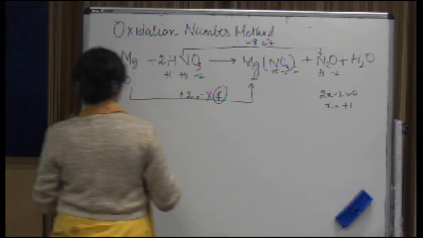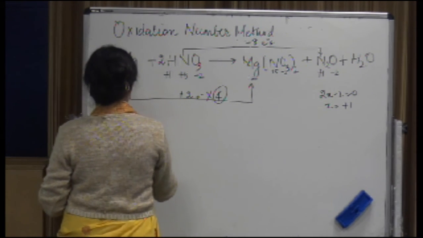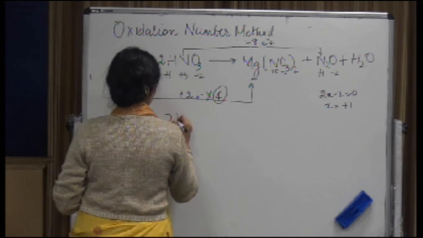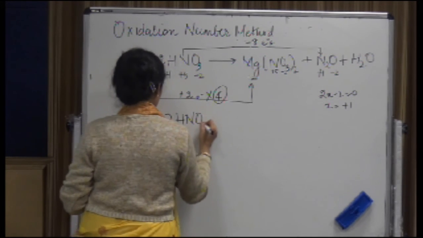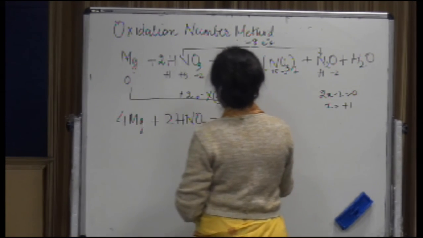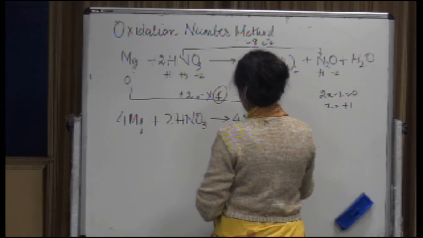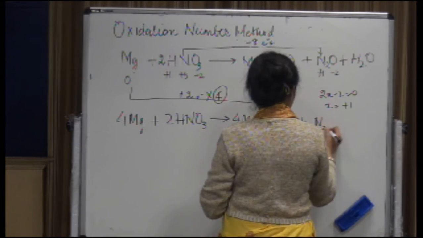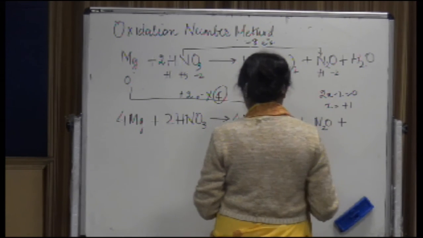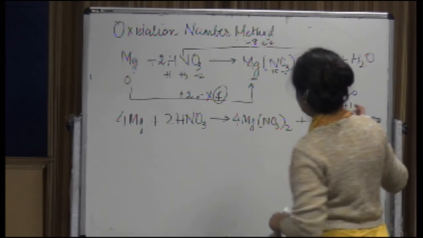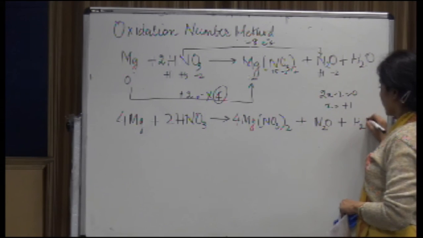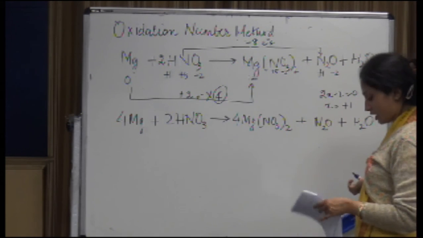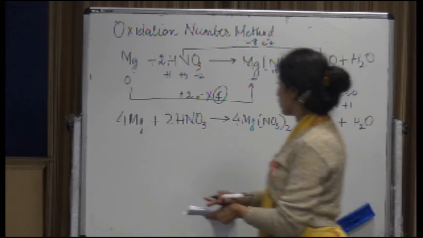So the net equation now becomes 4Mg plus 2HNO3 giving 4Mg(NO3)2, right, plus N2O plus, now you balance out your water. It may or may not be given in the question. Check out the number of hydrogens here on the left hand side.